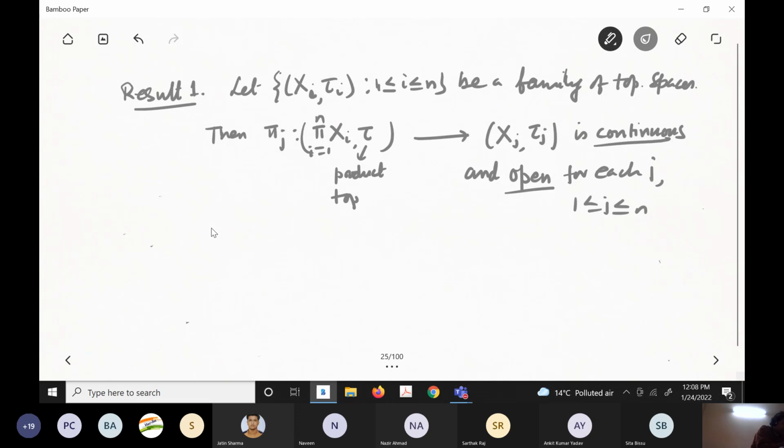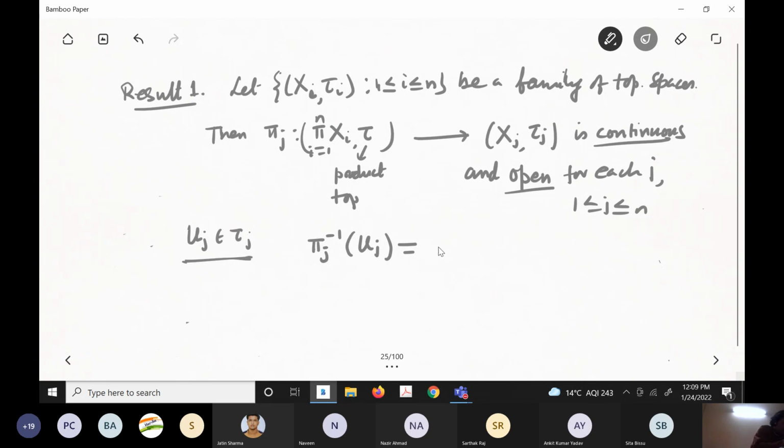Now look, you take an open set U_j belongs to tau_j. Look, here pi_j inverse of U_j will be what? This will be all the points whose only restriction is that the jth coordinate should be in U_j. Other coordinates can be anywhere.